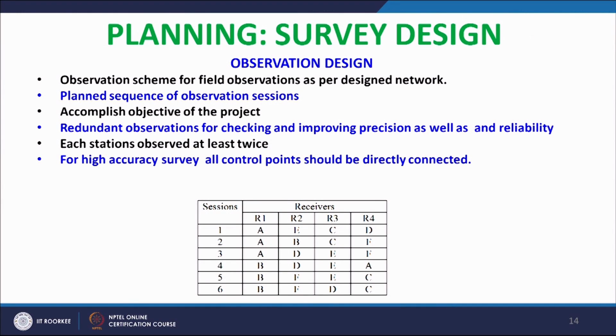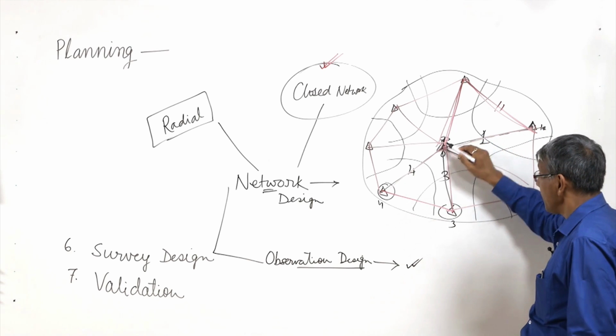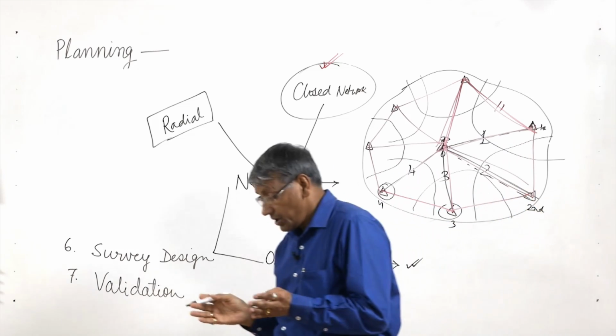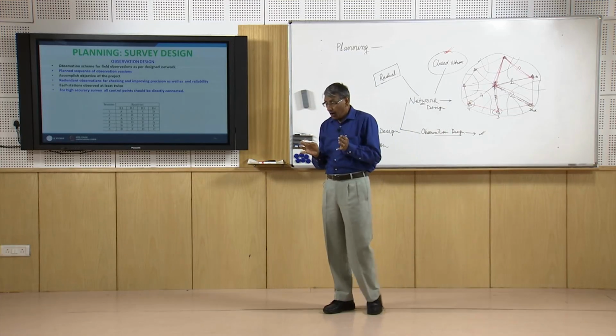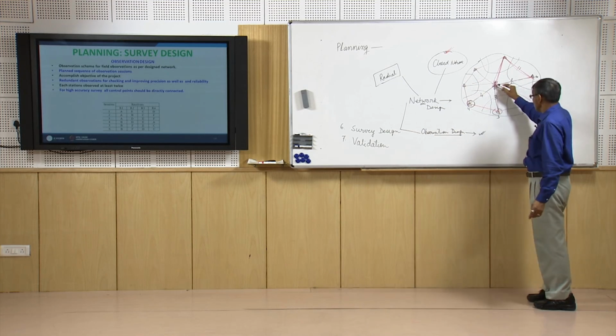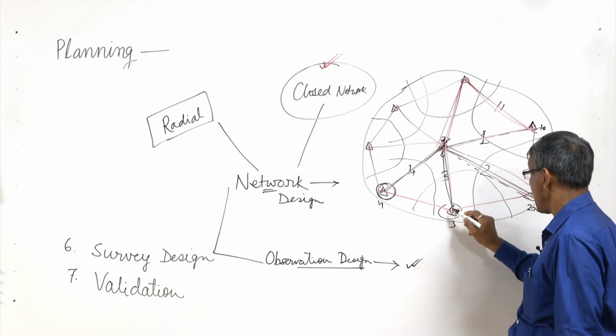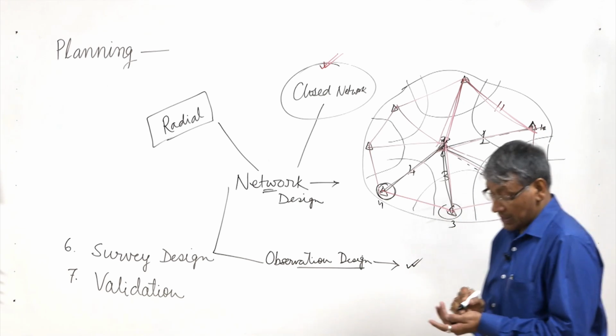In case of observation design, the first thing is that there should be overlapping of observation duration between or among adjoining stations. So, we should see this and this together, and again this.